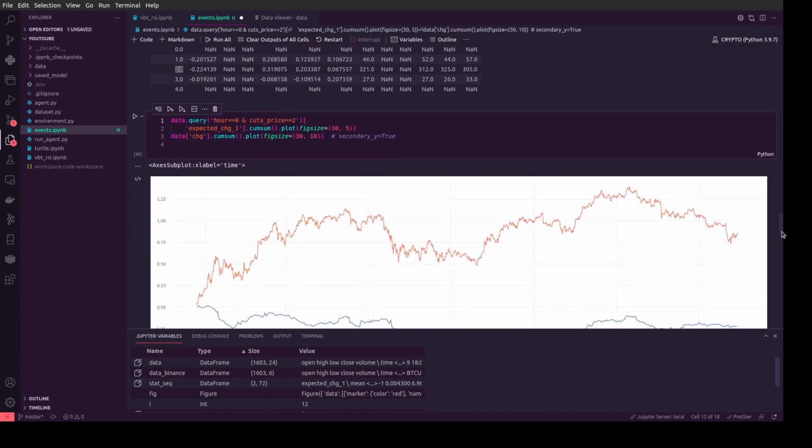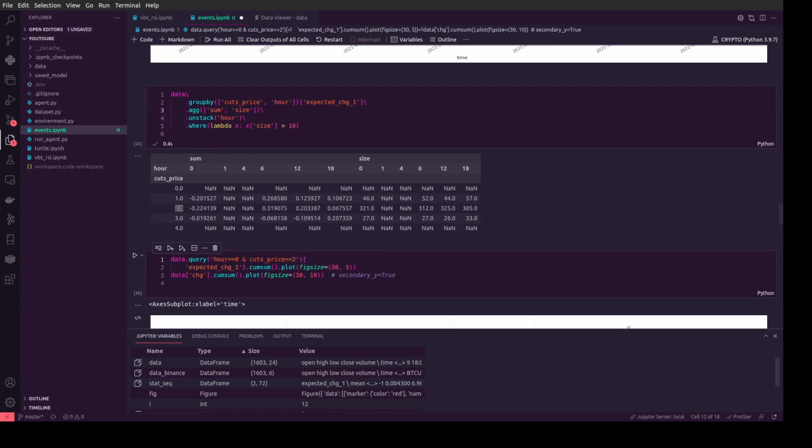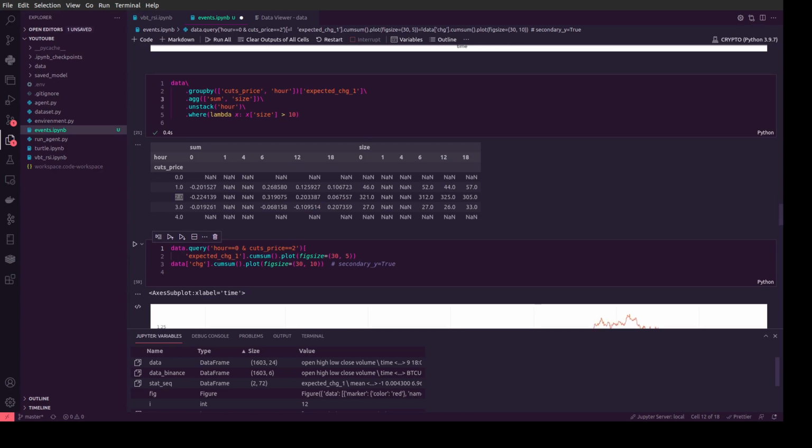For example, I would like to test what happens if we have hour 0 and cuts price 2, and what happens after the next bar. So I'm testing this situation.